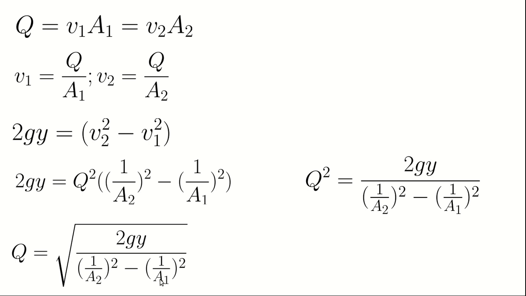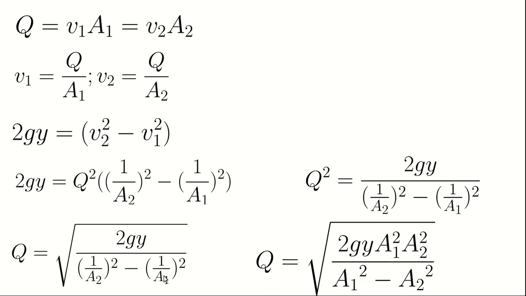Now A1 squared, this one is the same thing as 1 over A1 squared, 1 over A2 squared, A1 squared minus this, A2 squared minus this, and that gives us these parts, right? So at the end of the day, this is our discharge flow rate for the system.